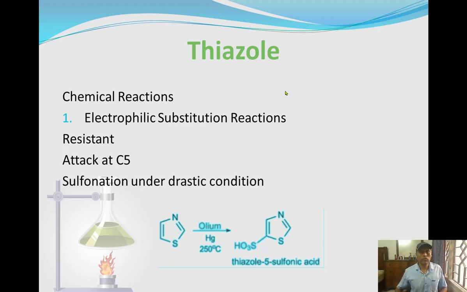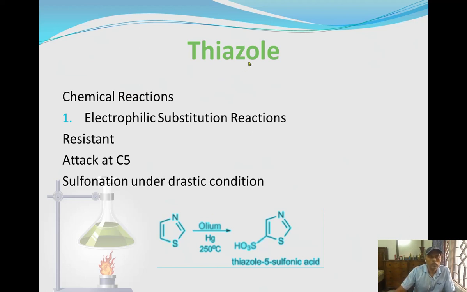It is having a little difficulty in giving the reactions, but the attack is going to take place at C5, that is, substitution is going to take place at the fifth carbon. Sulfonation under drastic condition is going to happen, with substitution in the presence of oleum. Oleum means fuming sulfuric acid. There we used concentrated sulfuric acid; here even more drastic conditions are required.